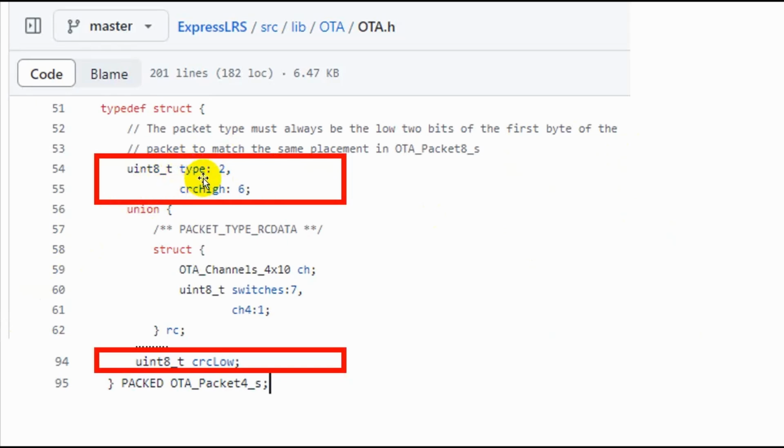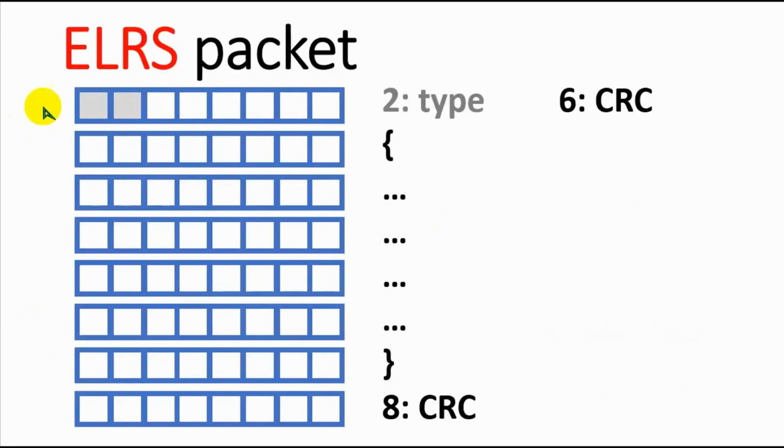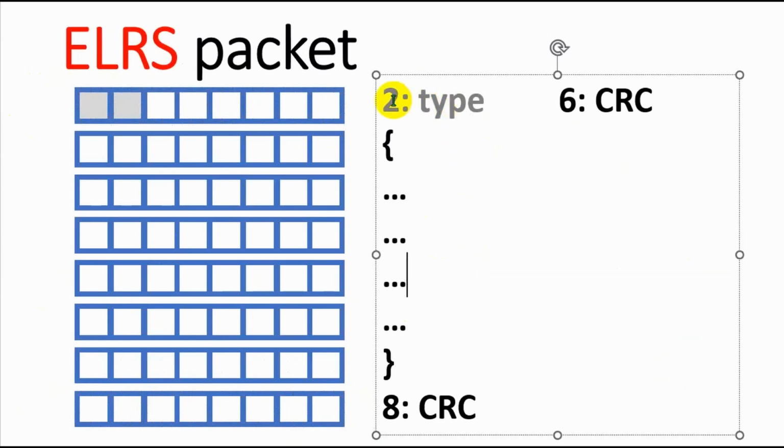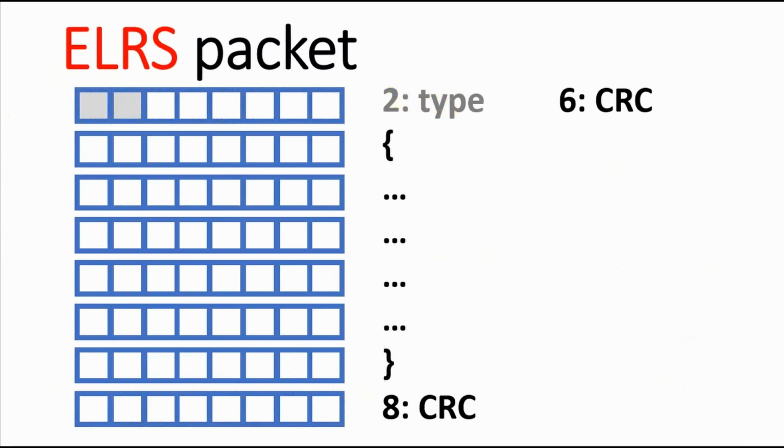we pass the type of packet and use 2 bits, and we use some CRC high and low. And actually we've got this 2 and 6, and we've got this. Let's check one by one which is which. First, type.